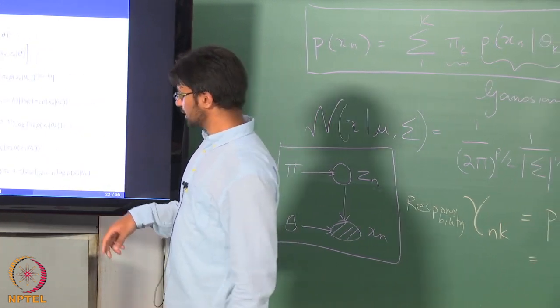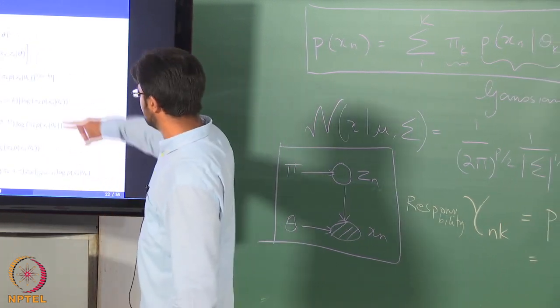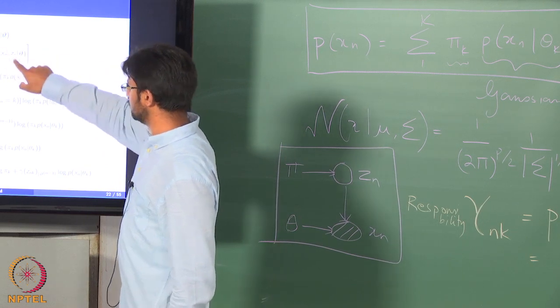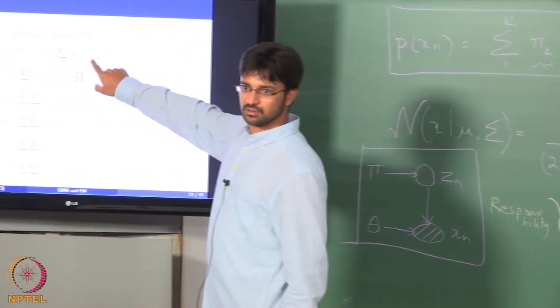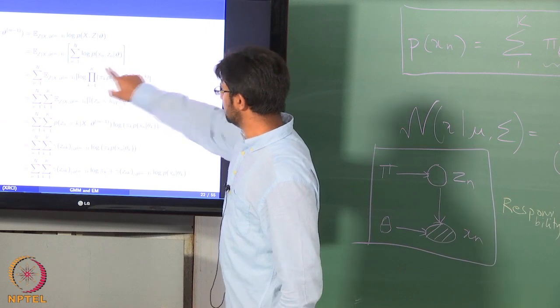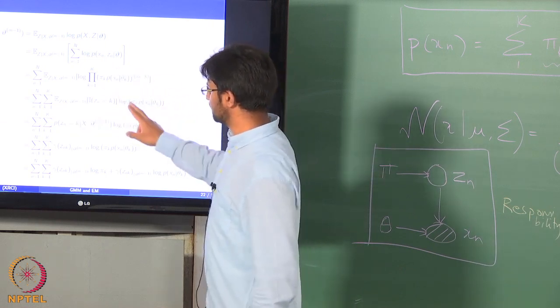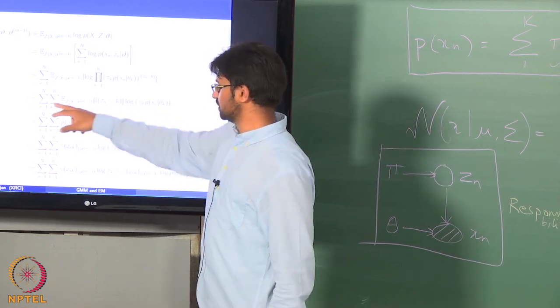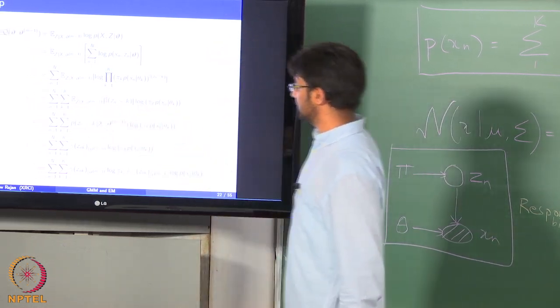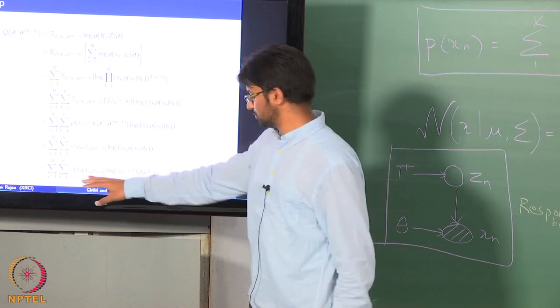Okay. And how did that happen? It happened mainly because we were taking the complete data likelihood. The complete data likelihood gave us a nice mathematical form here, which due to the expectation all the summations got pushed out, and we got this nice form for Q.